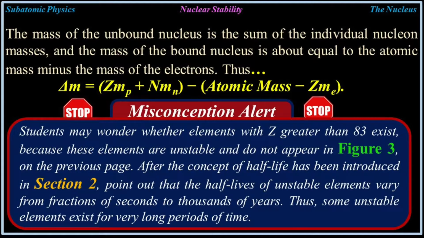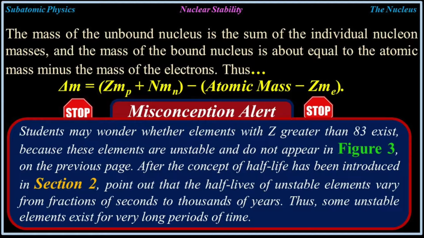The mass of the unbound nucleus is the sum of the individual nucleon masses, and the mass of the bound nucleus is about equal to the atomic mass minus the mass of the electrons. Thus, the change in mass equals Z M_P plus N M_N minus atomic mass minus Z M_E.